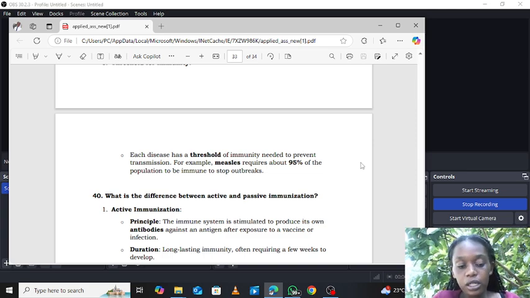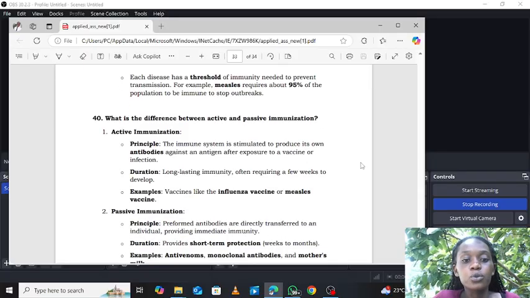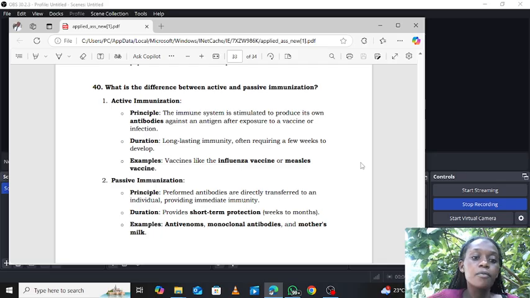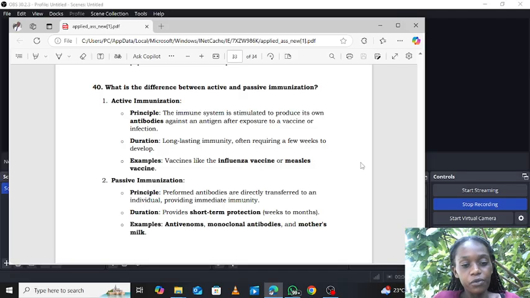And we move on to the last question, which is the difference between active and passive immunity. In active immunization, the immune system is permitted to produce its own antibodies against the antigen after exposure to a vaccine or infection. Here, the body stimulates its own antibodies. Active immunization gives long-lasting immunity, often requiring a few weeks to develop.